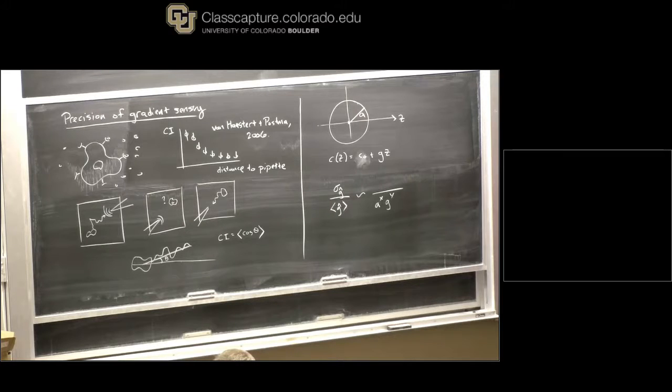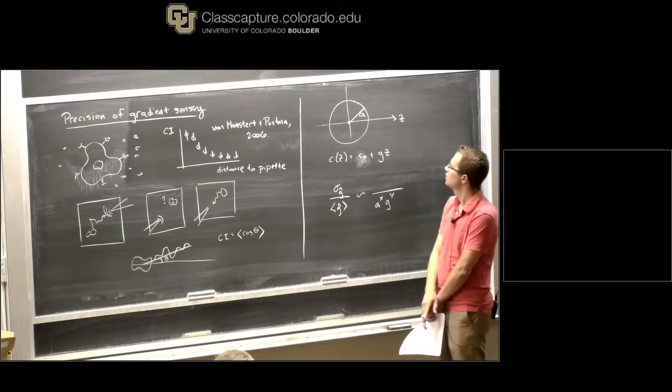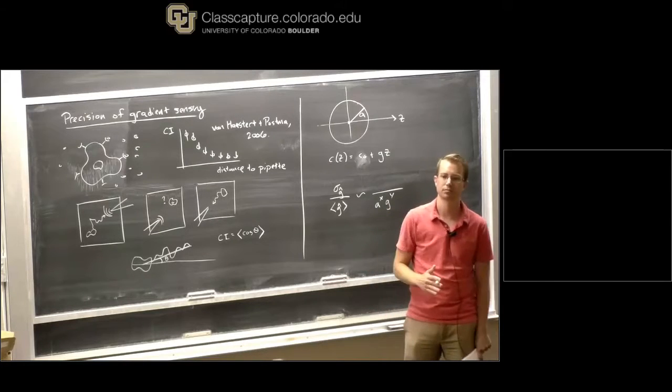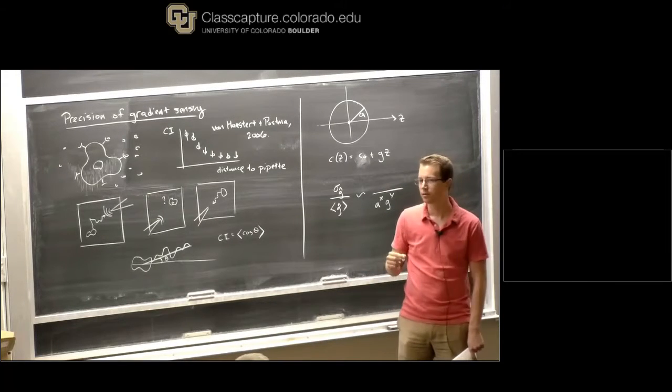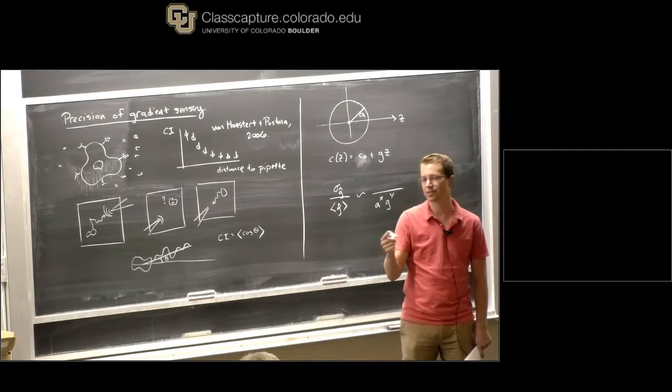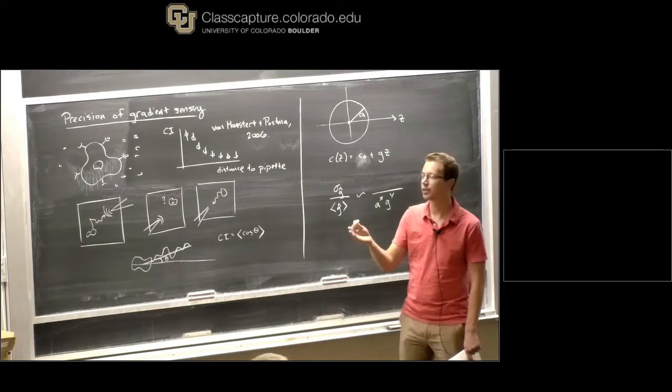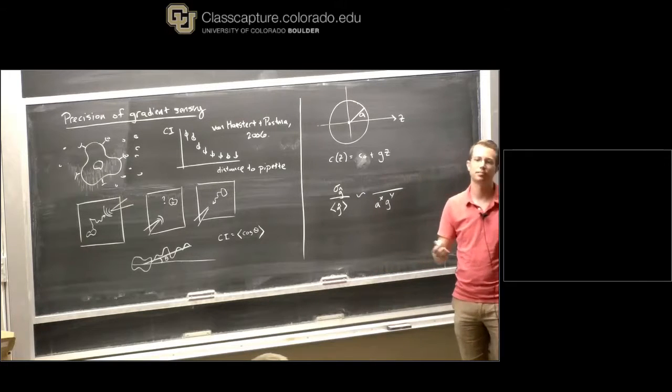C naught, okay. So let's imagine the same gradient but on top of a different background. And so I can ask the same question. If I make C naught bigger, do I expect this quantity to get bigger or smaller?